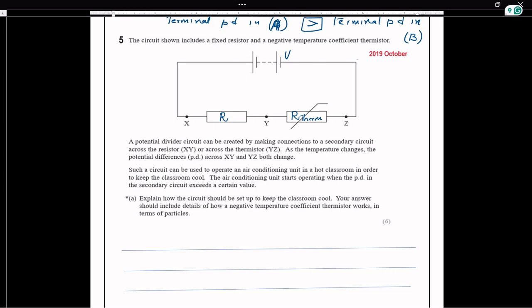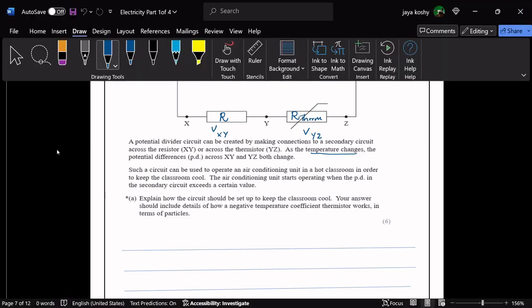As the temperature changes, the potential difference across XY and YZ changes. This is the voltage YZ, and this is the voltage XY. Voltage across points X and Y means voltage XY, I represented it that way.